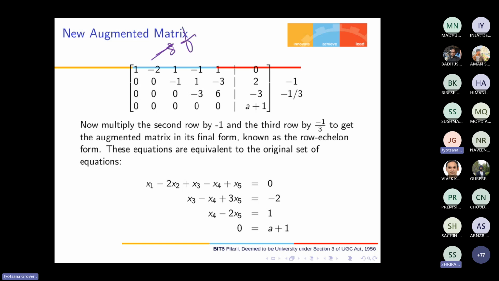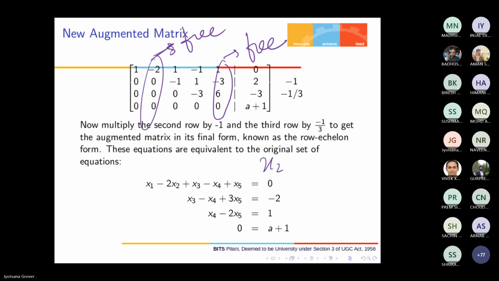So this is your free variable. And what else did I say? X5. Now you agree why X2 and X5 are free variables? Because they do not contain the leading entry of any row. Does this column contain the leading entry of any row?